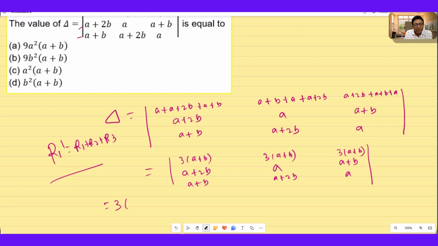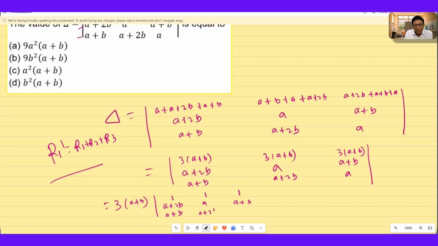If you take 3 into a plus b common, then 1, 1, 1 is coming, identical. If you get identical, what I have told, use that element of one row or one column to subtract from other rows or columns for better simplification.